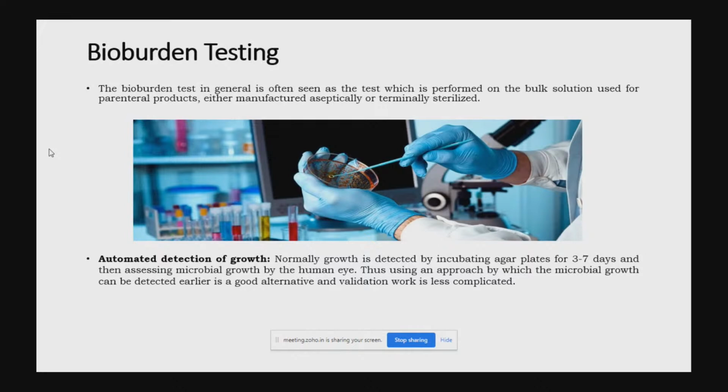So it is just a pre-ensuring of the test. Whatever product we are manufacturing and we claim as sterile, prior to sterilization, we ensure the bioburden level of that bulk solution. For that, we are performing the bioburden test.